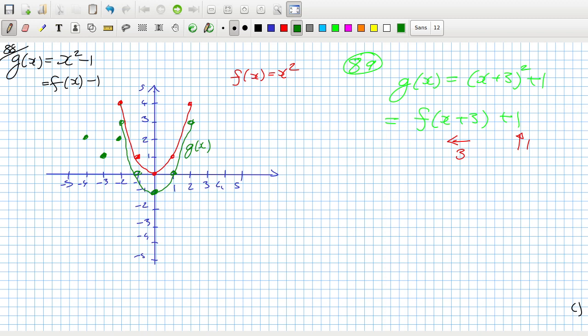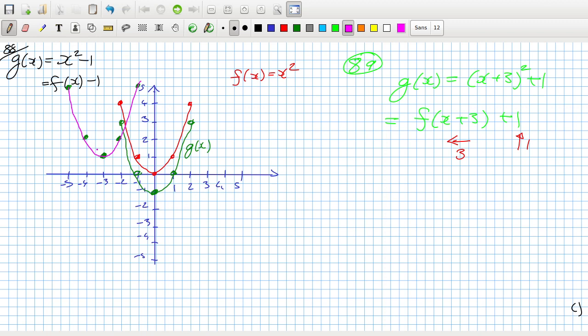This one would be at minus 5. And this one would be at minus 1. I'll do it in purple. There we go, that one's up and across to the left.